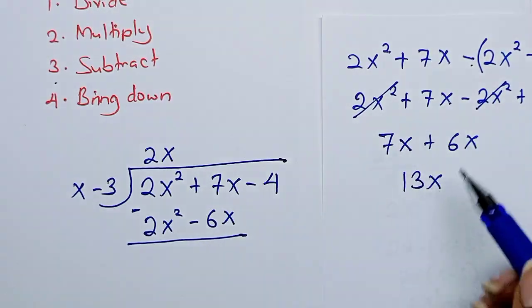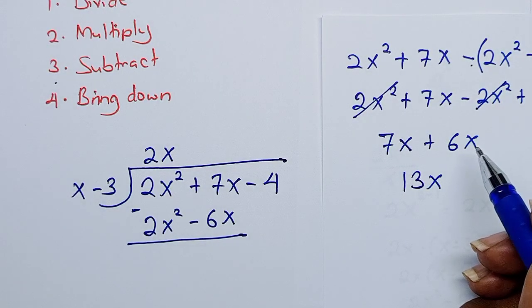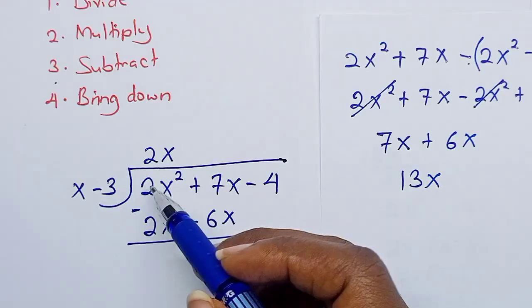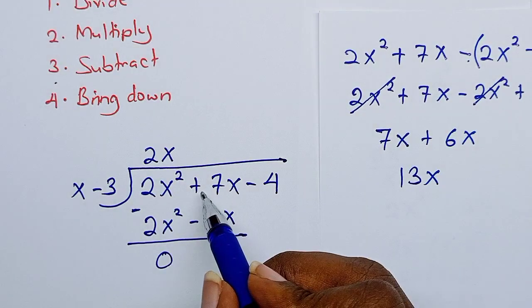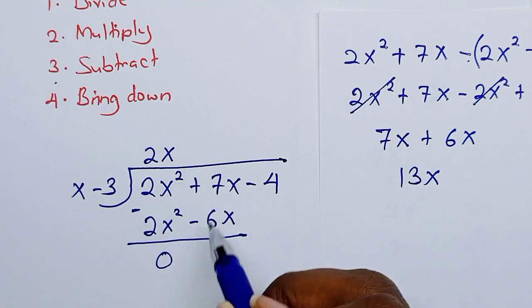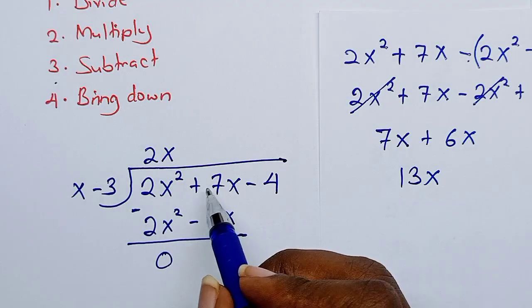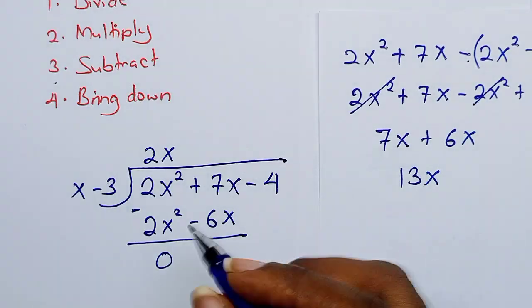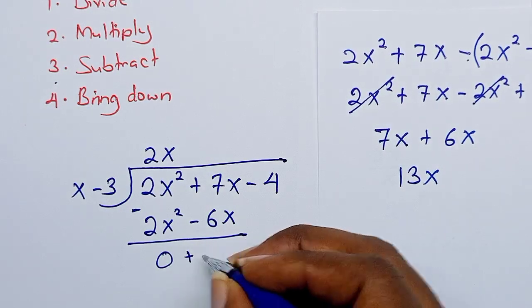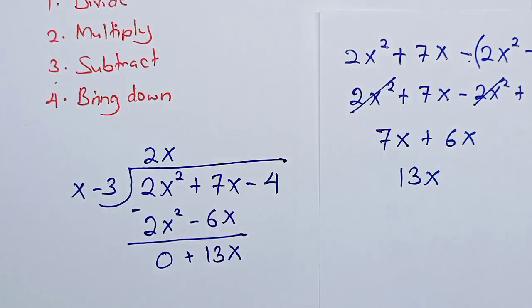Or you could have carried it out directly from here. I just wanted to show you this so that you be sure not to mess up. So 2x squared minus 2x squared, this is 0. Plus 7, so negative times negative, we said is positive. So we have plus 7x plus 6x, which we've got as 13x. So this is plus 13x.